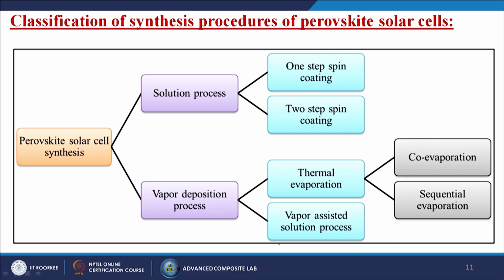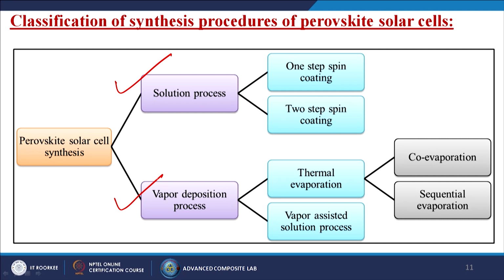Now, if we talk about the classification of synthesis procedures of perovskite solar cells, the synthesis process is divided into two parts: one is called the solution process, another is called the vapor deposition process. The solution process is also divided into two parts: one is called one step spin coating and another is known as two step spin coating.